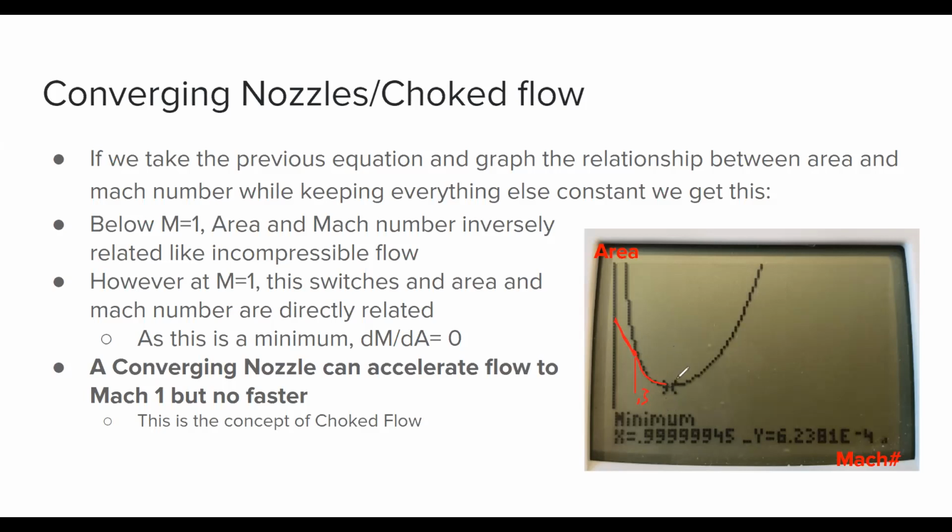And that's where things get weird. And the Mach number and area then have a positive relationship. As you increase the area, Mach number also increases. And that's mathematically what's happening in the rocket engine nozzle.